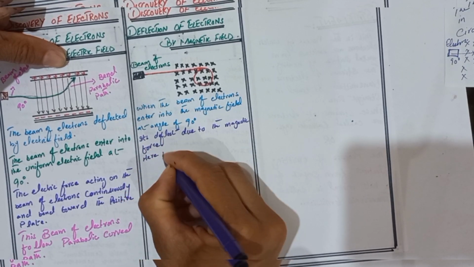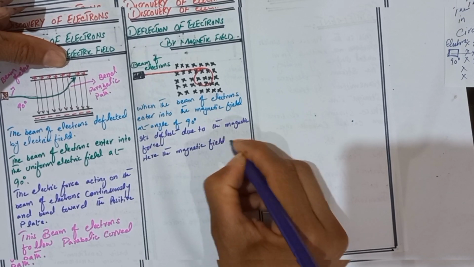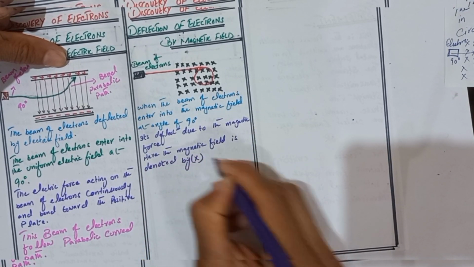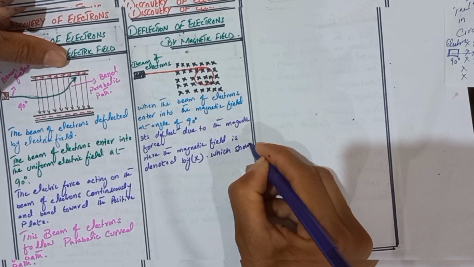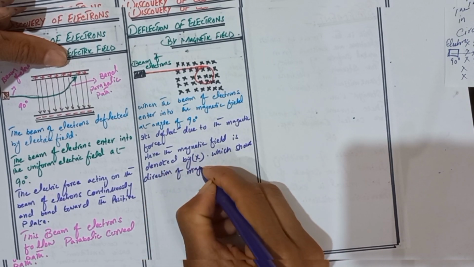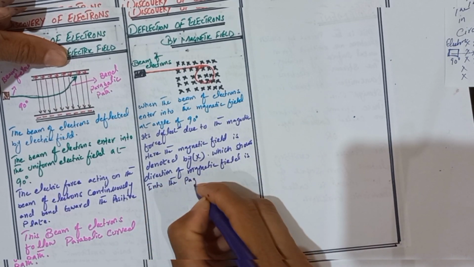Here the magnetic field is denoted by a cross sign, which shows the direction of the magnetic field is into the page.